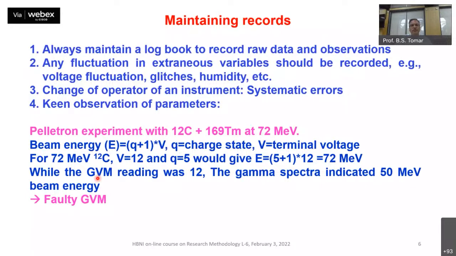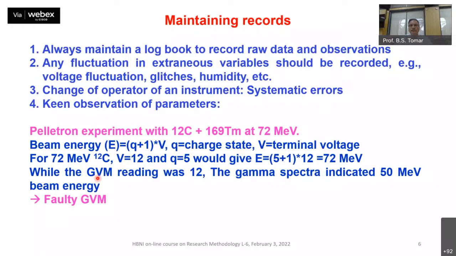But after the first experiment, I took the sample to the laboratory and took a gamma spectrum. When I take a gamma spectrum from the 72 MeV projectile carbon 12, I expect some products, and I know what gamma lines I should see. But I found those gamma lines are missing.